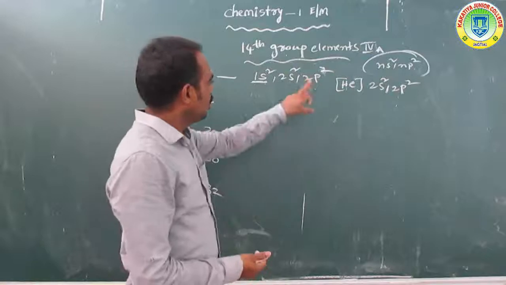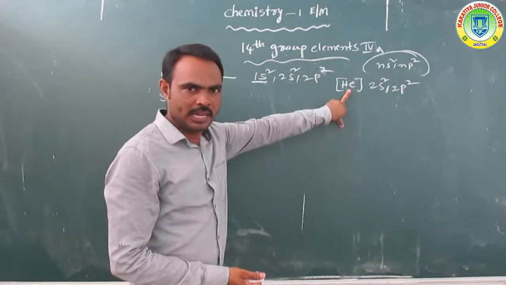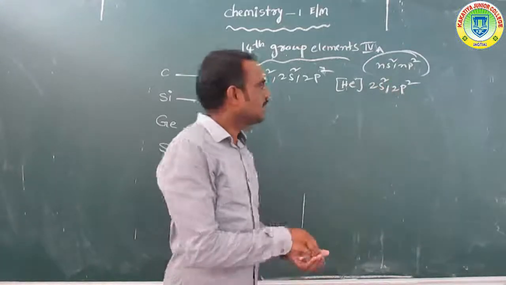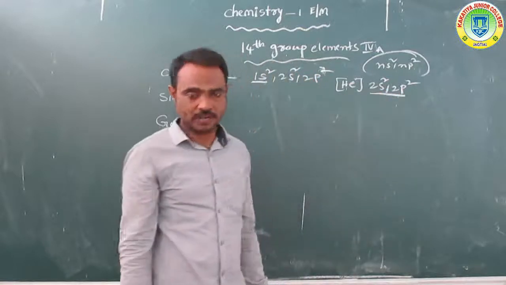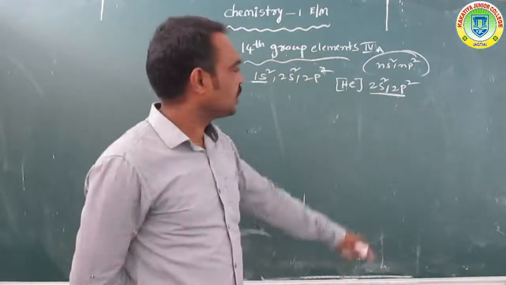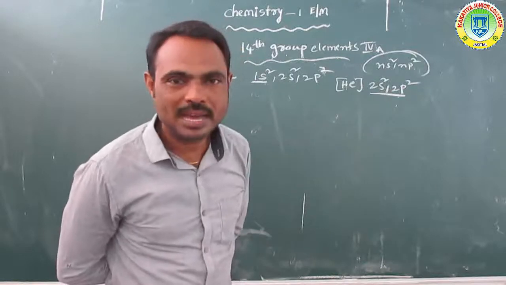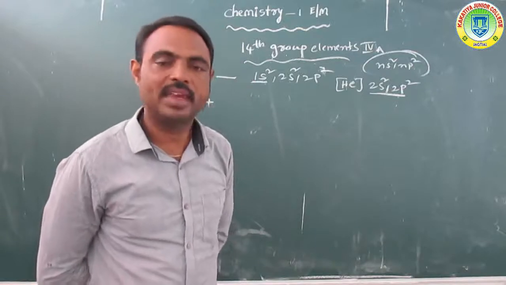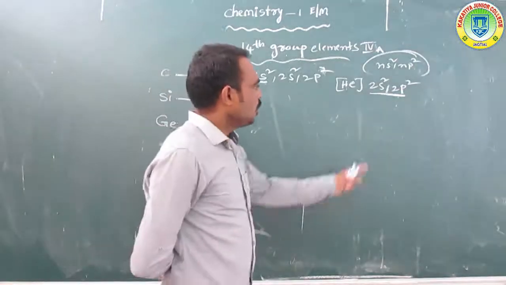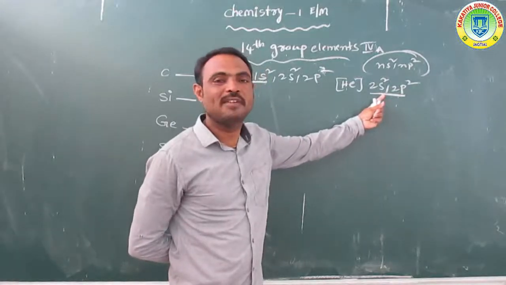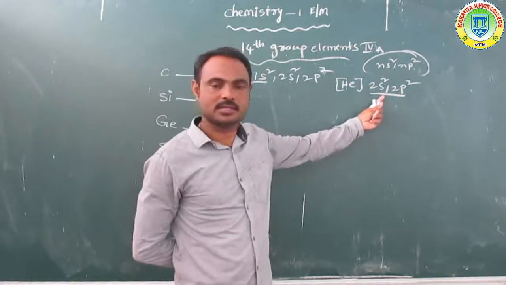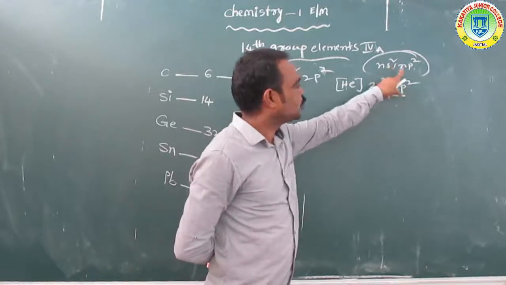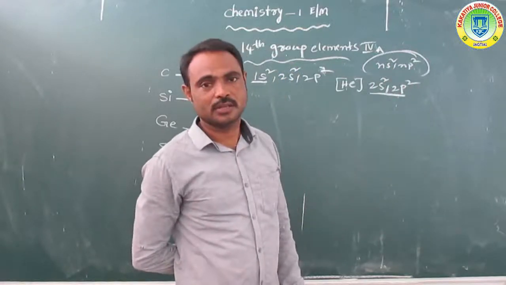Helium 2 electrons plus 2s2 2p2, total 6. 2s2 2p2 is the outer shell or valency shell. This valency shell contains 4 valency electrons. Overall, the electronic configuration is ns2 np2.